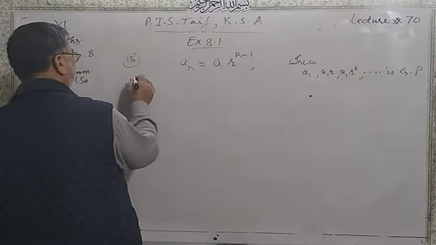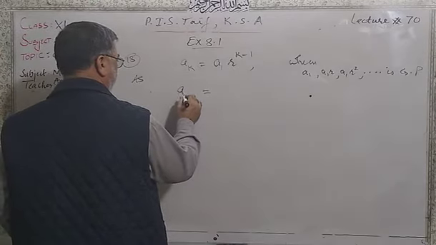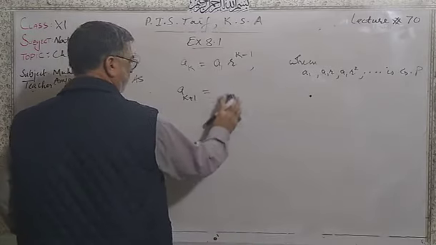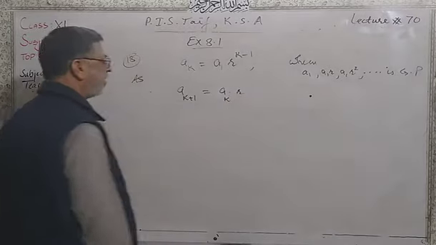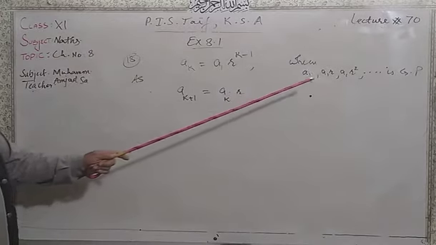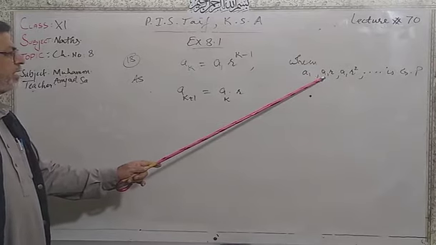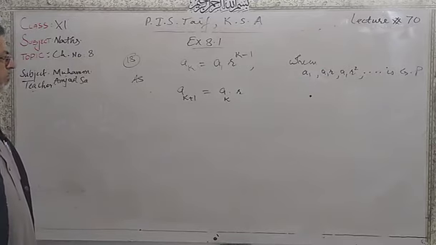So we know that a(k+1) is equal to ak into r. Look at this term. Second term is obtained by multiplying first term by r.